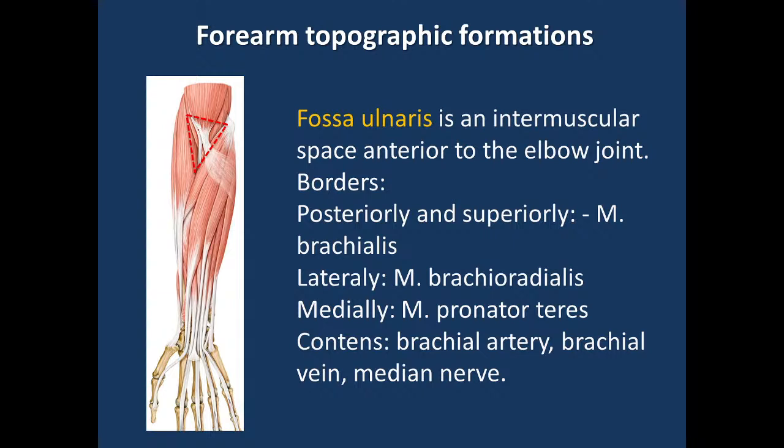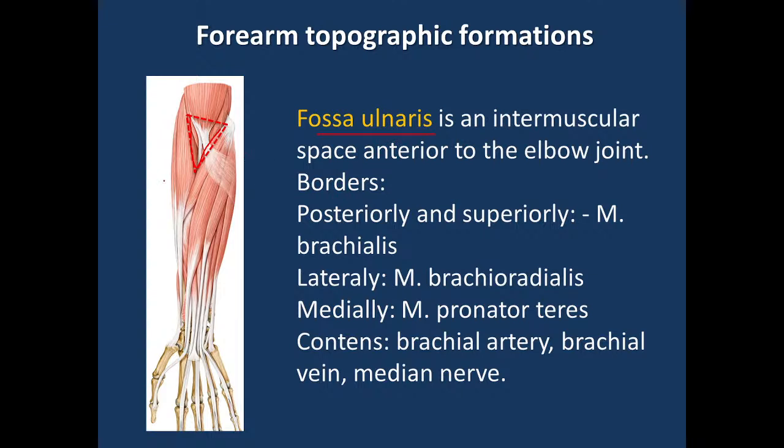So, forearm formations. The first forearm topographic formation is located on the anterior surface, just anterior to the elbow joint, and we call it the ulnar fossa, or fossa ulnaris in Latin.